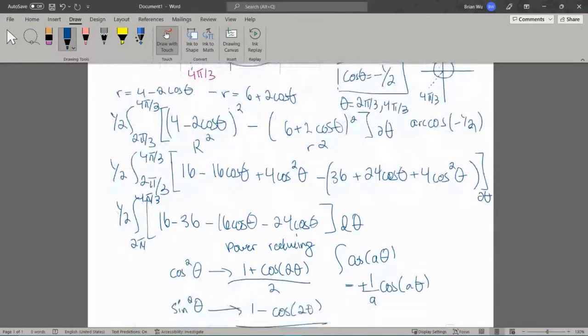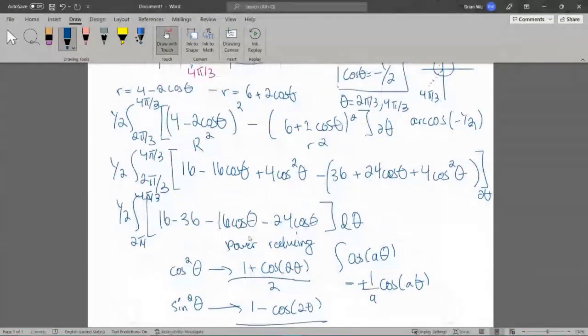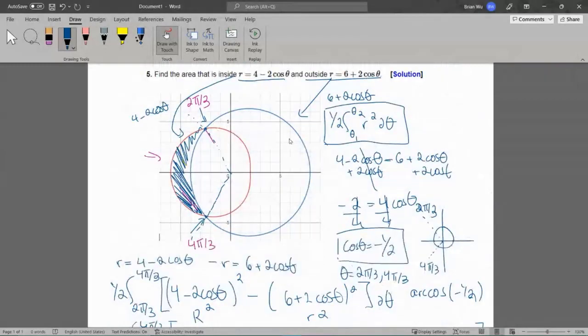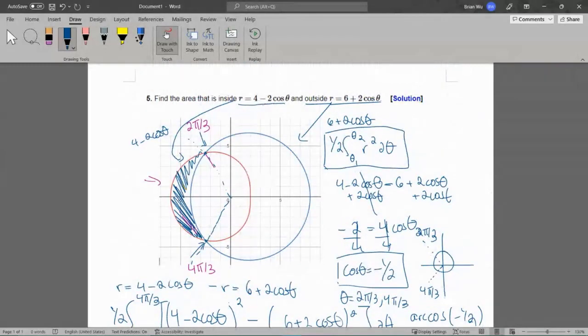Will this be a negative area? Oh, let me see. Did I miss it somewhere? Let's see. I think this one is this one. We're checking this one. You make a good point. 4 minus 2 theta. I don't think I got the wrong graph.